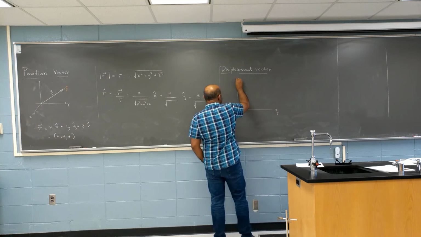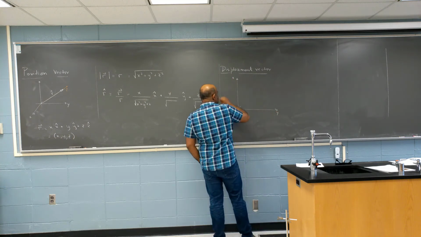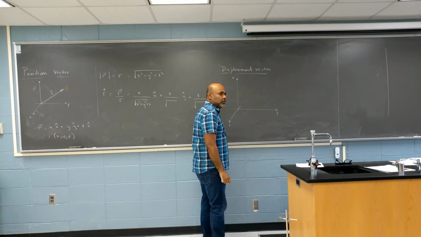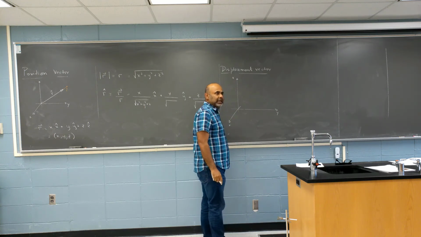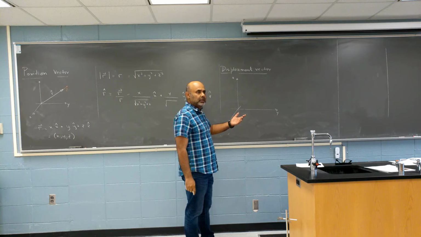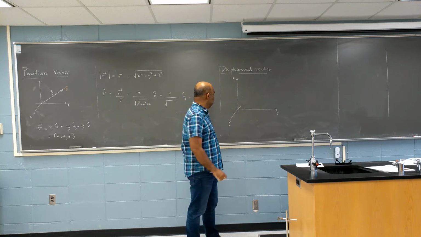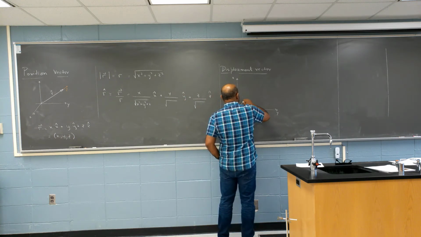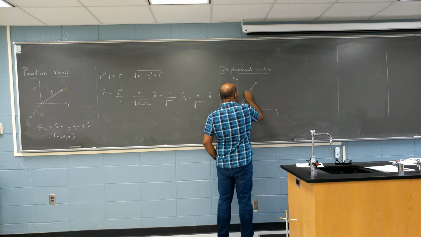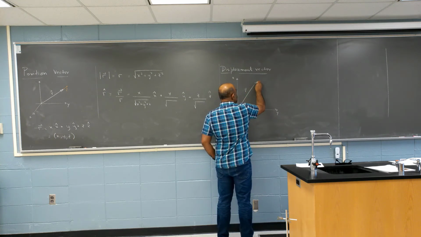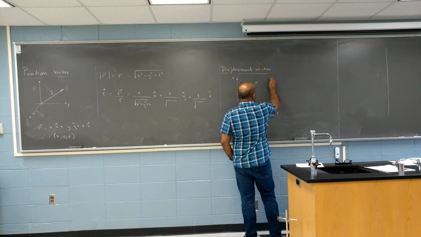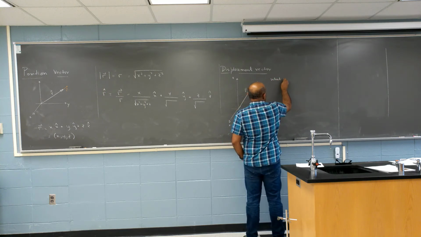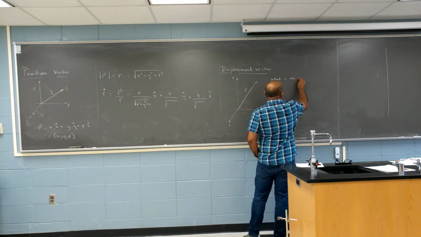Let me appeal to your intuition. Suppose I want to know the electric field at some point, at some position R. So here is my vector R. And the question could be, what is the electric field at R?